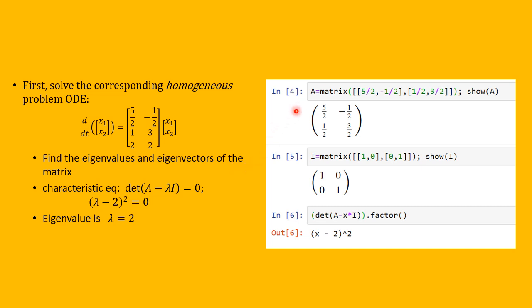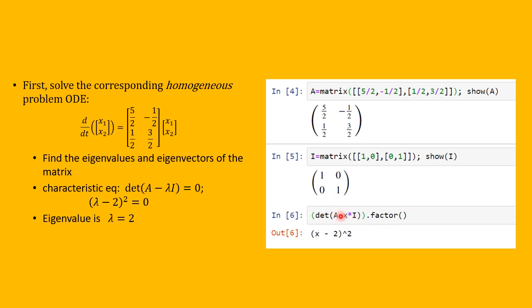In SageMath, we can do this calculation the following way. First, we define A to be this matrix and show it. Let I be the 2 by 2 identity matrix with rows 1, 0 and 0, 1. Then we look at the determinant of A minus x times I in factored form. I used an x instead of a lambda because lambda means something special in SageMath.